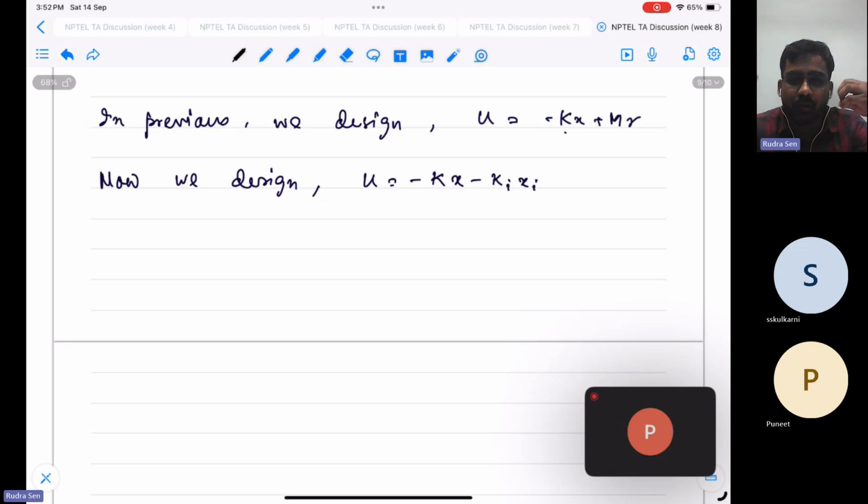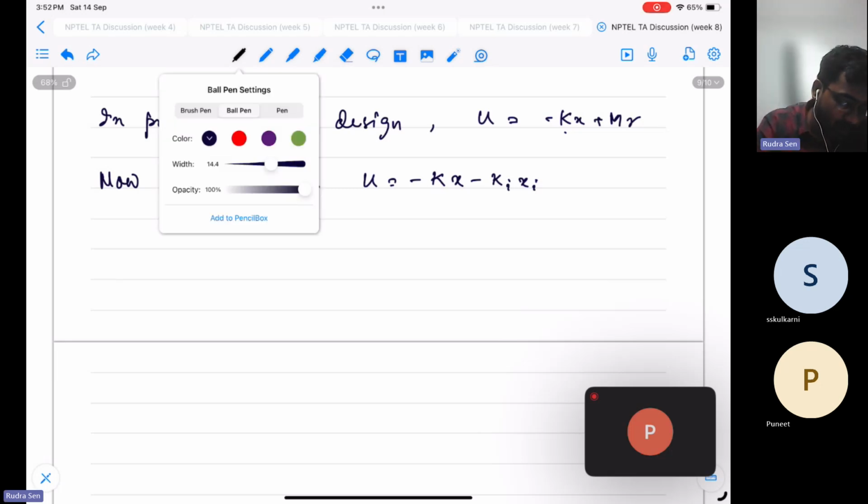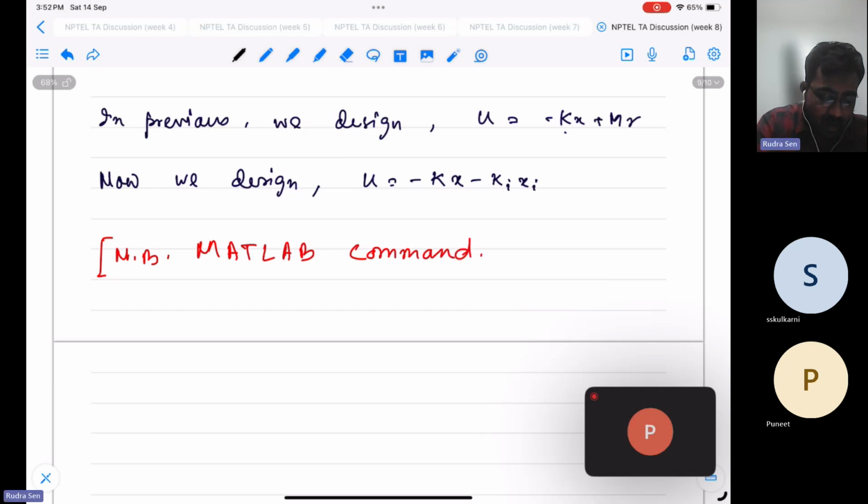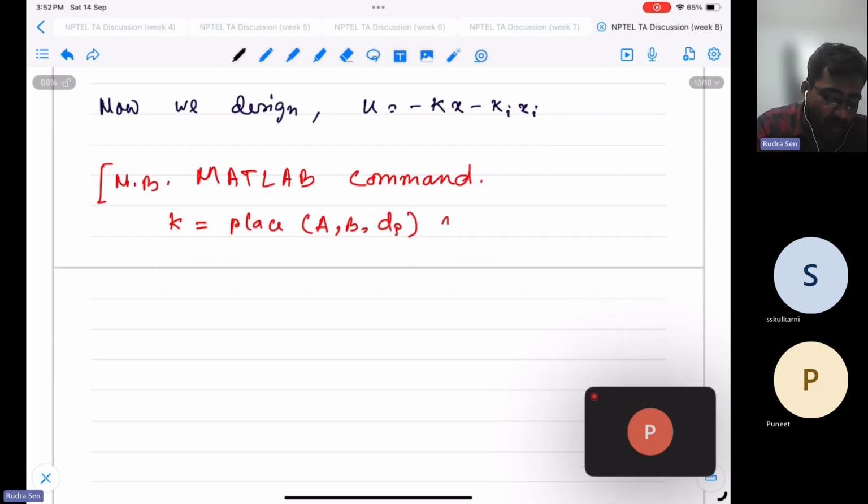Also, there is a MATLAB command to find k using place with A, B, and the desired pole location, DP, that I have given. Or you can use Acker, which gives you the Ackermann results.